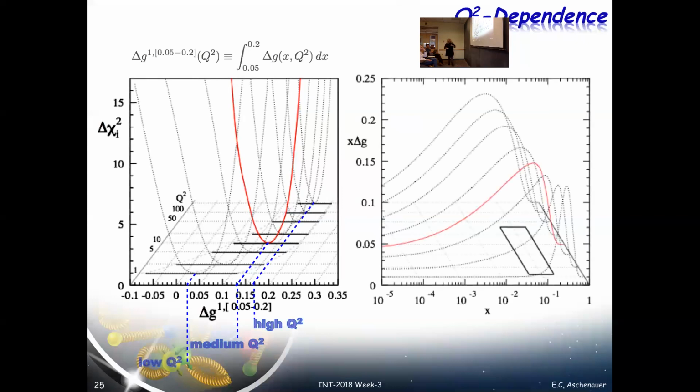That mainly comes from the fact that if you evolve in Q squared, your distribution, compared to the RHIC range, which is here, the main peak, where the gluon peaks, walks at higher Q squared to lower x. That is why you get different values, and it also shows that the integration range over which you do that is important.